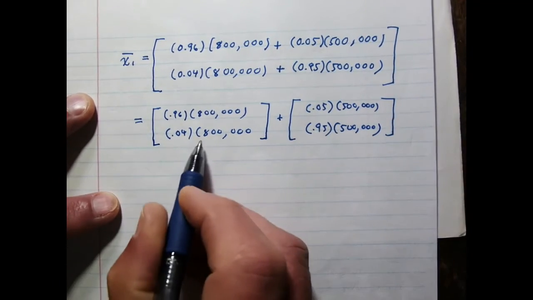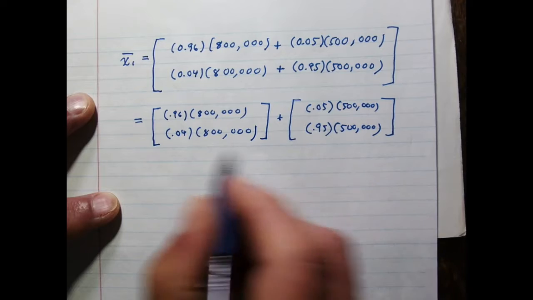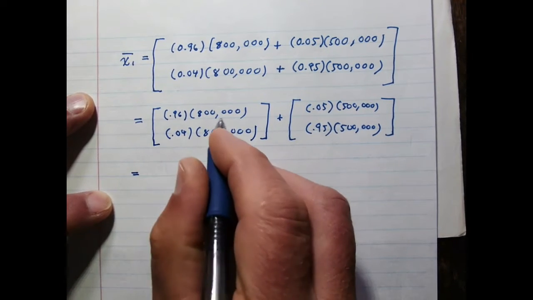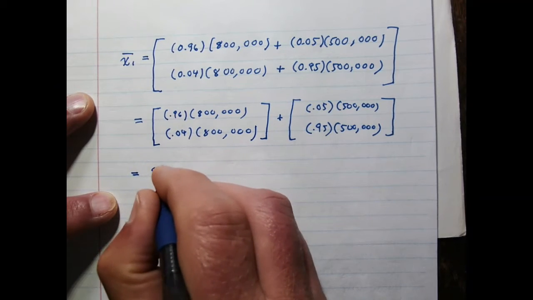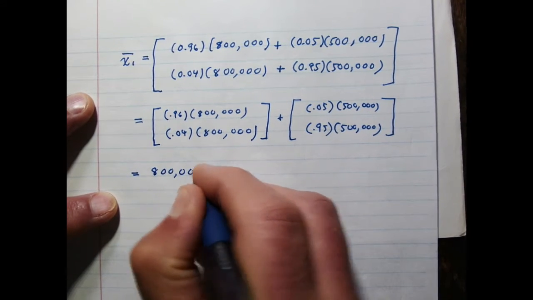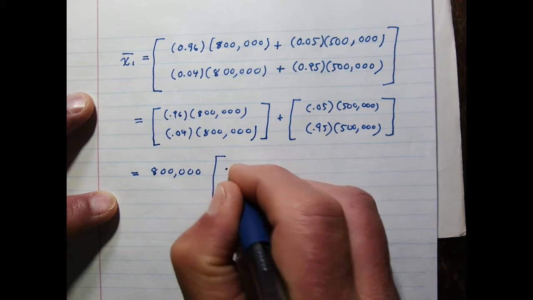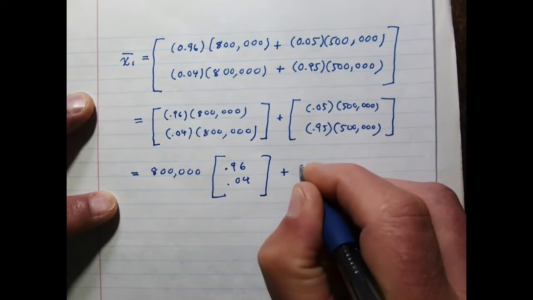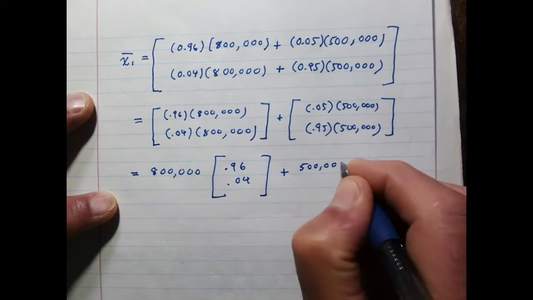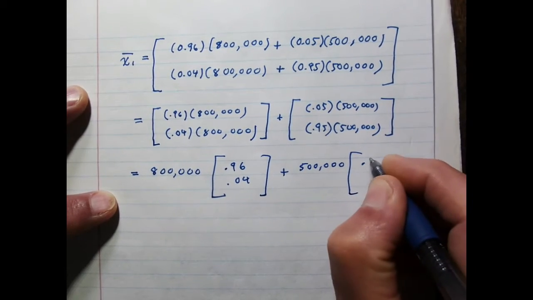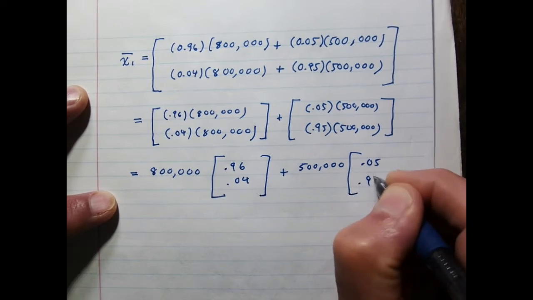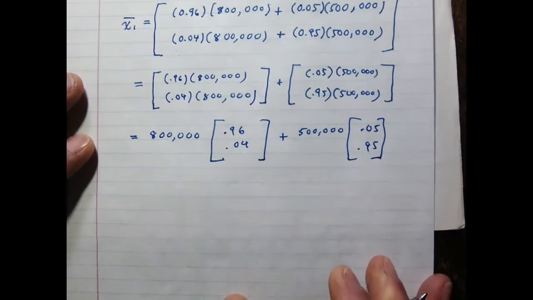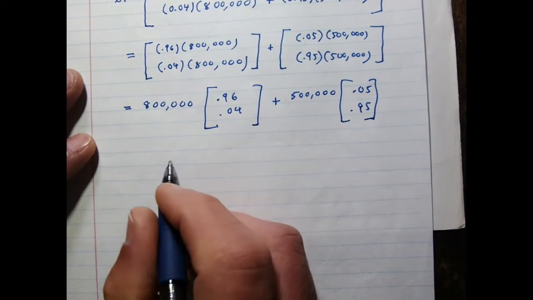And now each one of these two separate vectors can be expressed as a scalar multiple of the first one of 800,000. I could factor out an 800,000 times the column vector 0.96, 0.04. And I could factor out a 500,000 from the second times the column vector 0.05, 0.95. Now, so far, it's just okay.